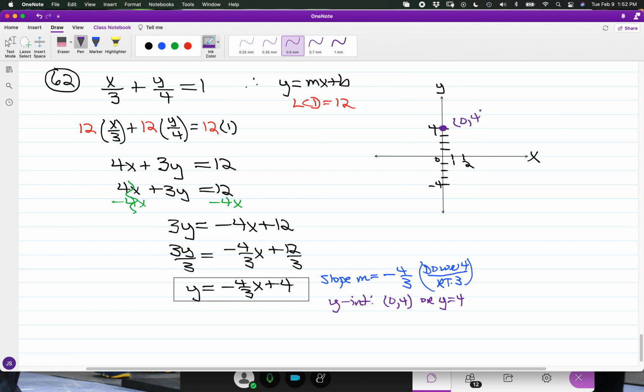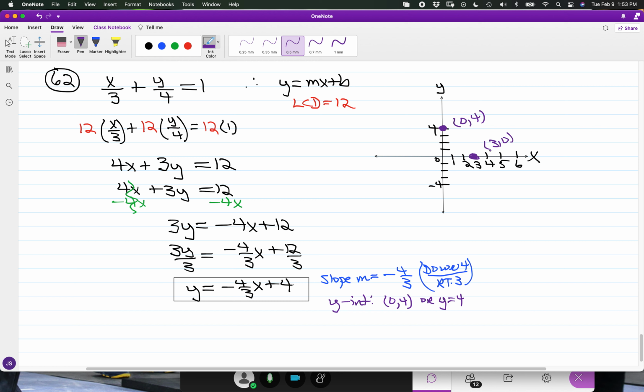And if I have a triangular pattern, it's like down 4, right 3. So going down 4, from y is equal to 4 to y is equal to 0, shift over 3. So I have 3, 0.